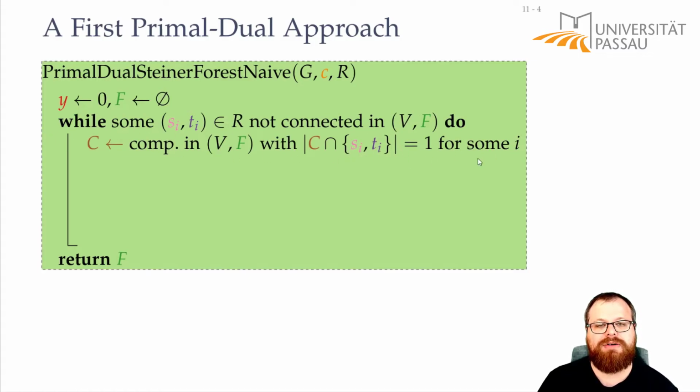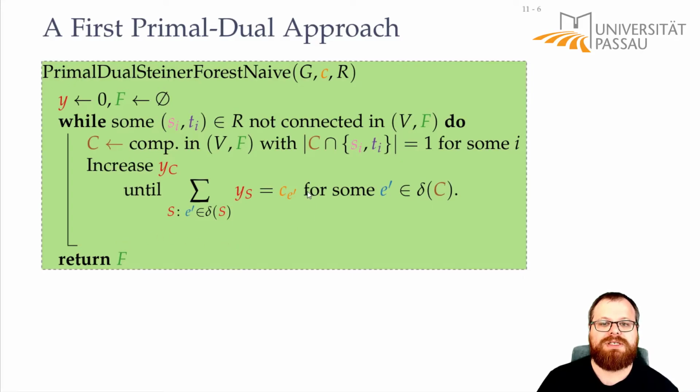So for this component, the constraint doesn't hold. And then we increase the dual variable until for some edge on the boundary of this component, the constraint is exactly fulfilled. So this edge is full, or it is critical. And then we add this edge to our forest and we repeat.